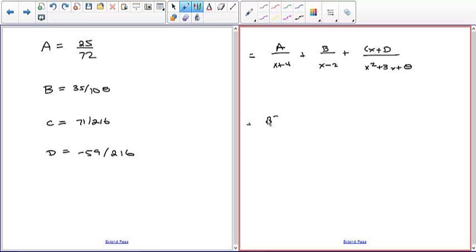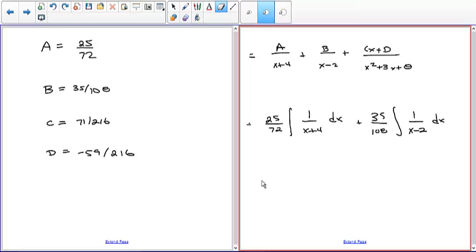So we'll have 25 over 72 times the integral of 1 over x plus 4 dx plus b, which is 35 over 108 times the integral of 1 over x minus 2 dx. Now the third part, we are going to factor out the denominator again.